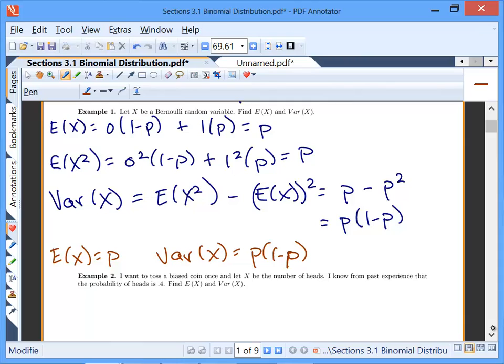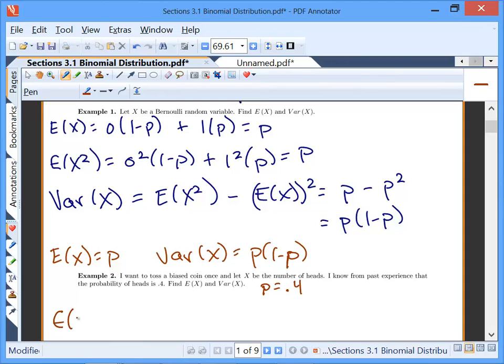For the next example, I want to toss a biased coin once and let x be the number of heads that I get. I know from past experience that the probability of heads is 0.4. Find the expected value and the variance. Notice I'm only tossing the coin once. So what is my p-value? 0.4. Since I'm interested in the number of heads, that's the probability of heads.